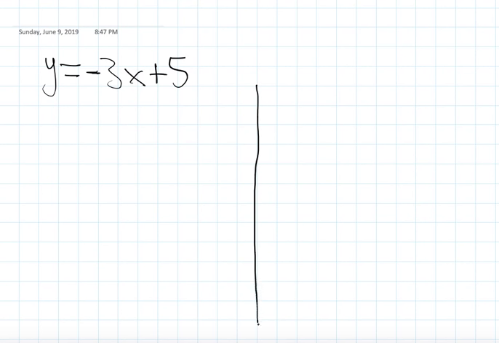So now let's do this in a place where we can do it right. Let's do exactly that one again: y equals negative 3x plus 5. But now we have the right paper to do a graph, not a sketch. So we do our x-axis and y-axis.